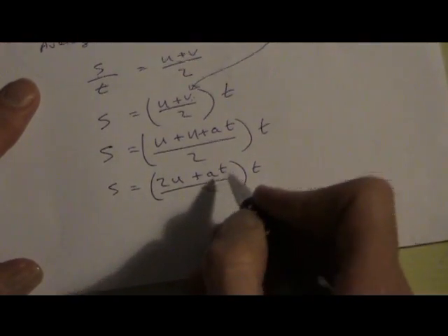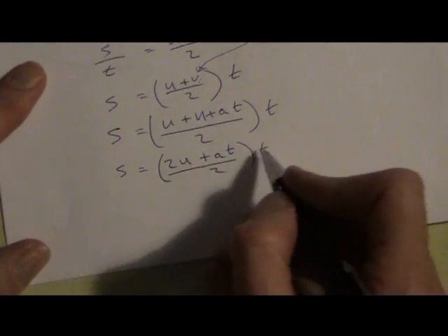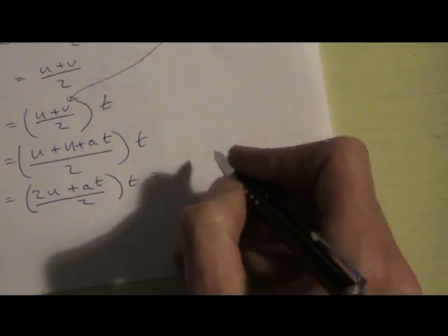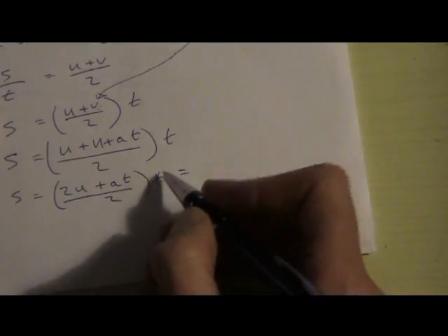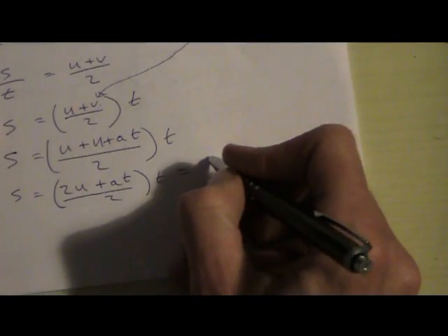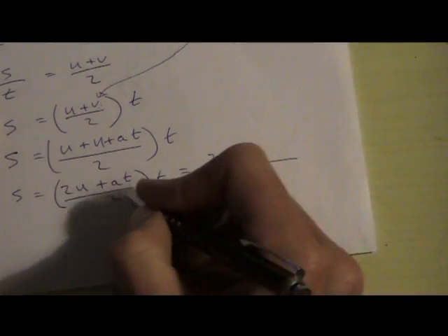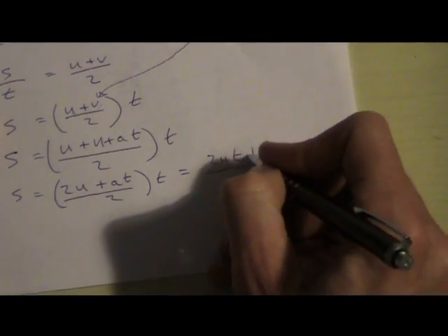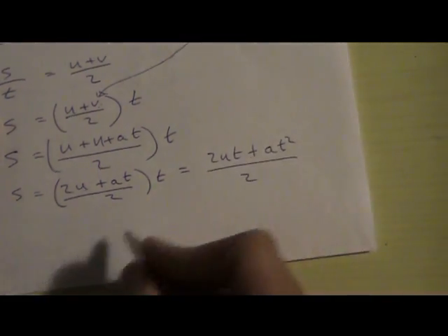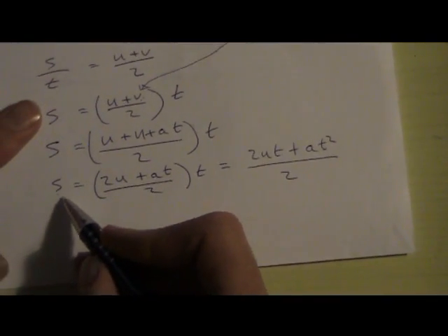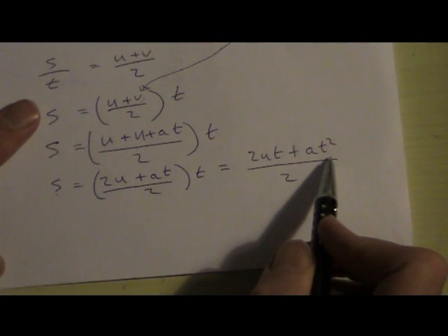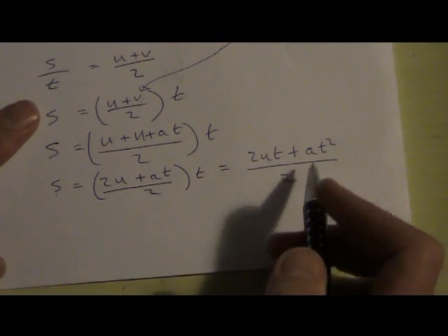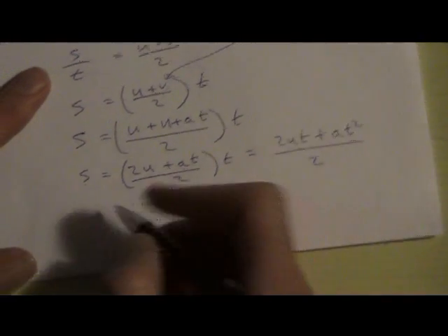Okay, and I can write this, so multiply all this by t, so that's going to become, 2u times t will be 2ut, still over 2 now, plus at times t would be at squared. Okay, so s is equal to 2ut plus at squared over 2. Now write this as two different fractions.